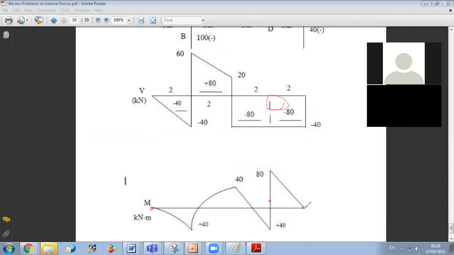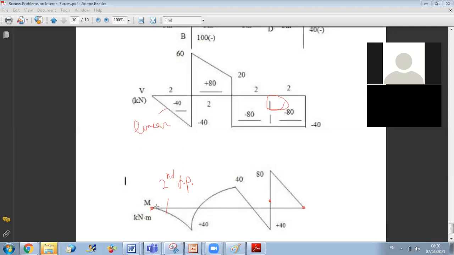So let us start. First, in this part from 0 to 2 meters, V is negative, so the moment is decreasing. And because here I have linear variation, the moment is a second degree parabola. Now, the variation of V will give me the slope of M. Initially V is 0 here.